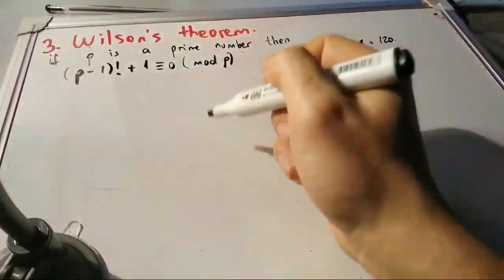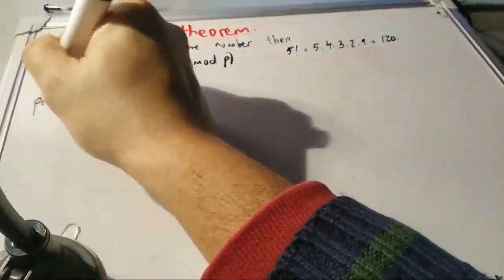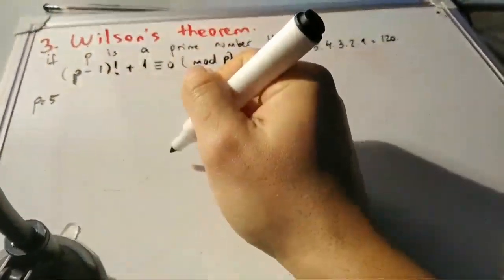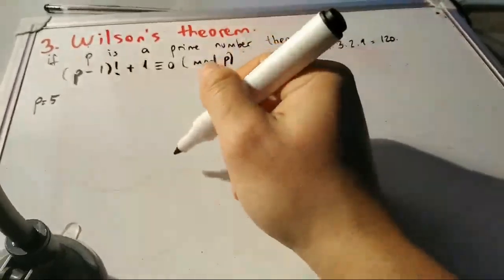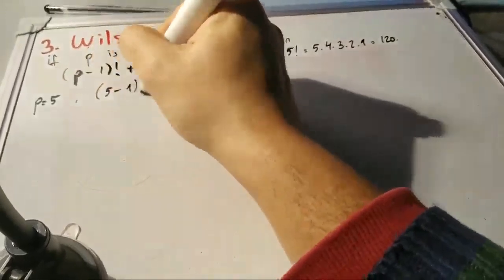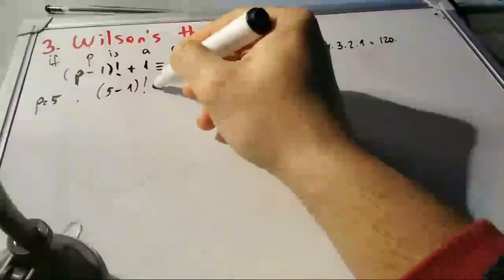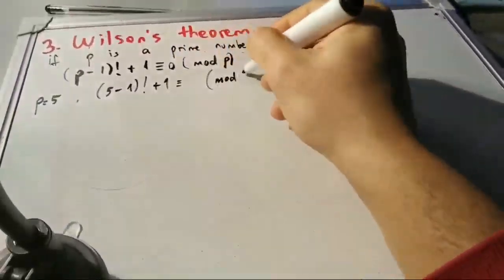So for p we can take 5, just to show it. 5 is a prime number. So 5 minus 1 factorial plus 1 in mod 5.